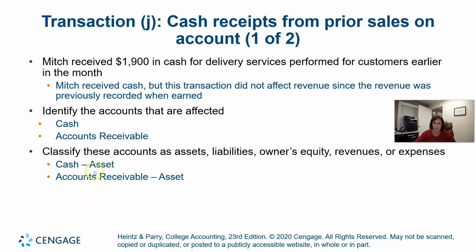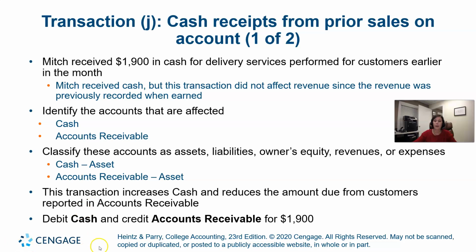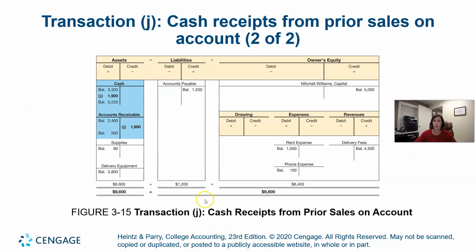These are both on the asset side of the equation, and our cash will go up as a result of having been paid that cash. And the balance in our accounts receivable, since these people now owe us less money, is going to go down. And because they're both assets, the debit will make the cash go up, the credit will make the accounts receivable go down.